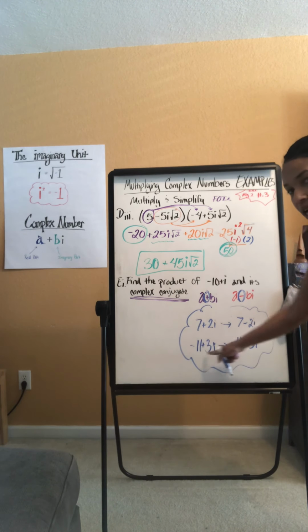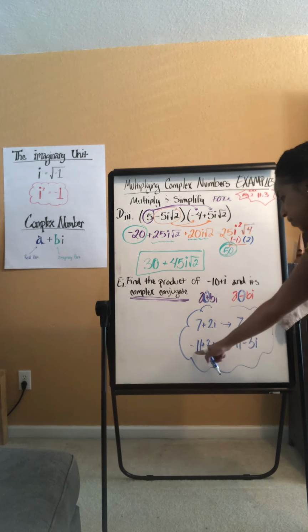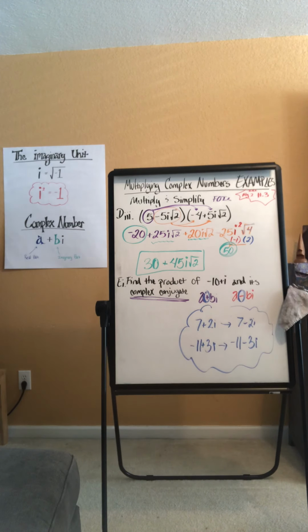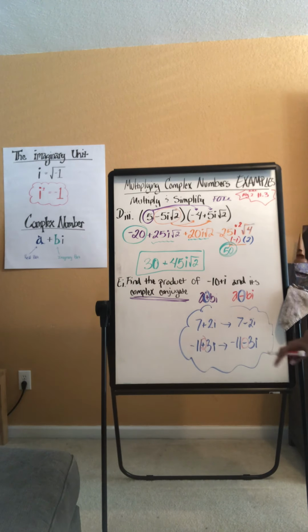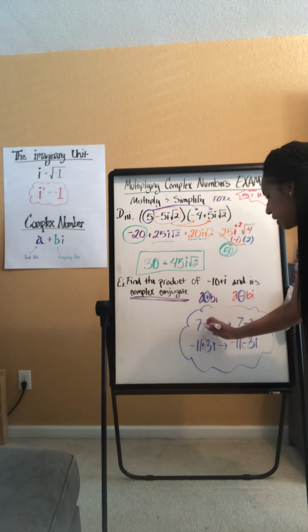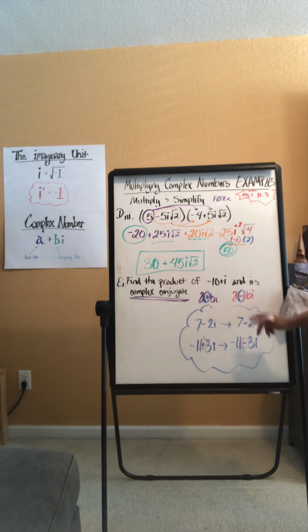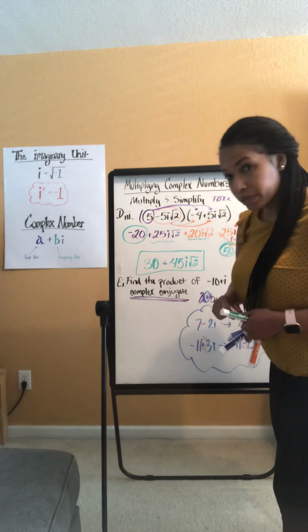Notice I did not change the sign of the first number. If it was negative, it stays negative. The only sign that changes is the one in the middle. If I have a plus, it's going to become a minus. And in the same fashion, if it was a minus to begin with, its complex conjugate would be a plus. We get that concept? I hope so.